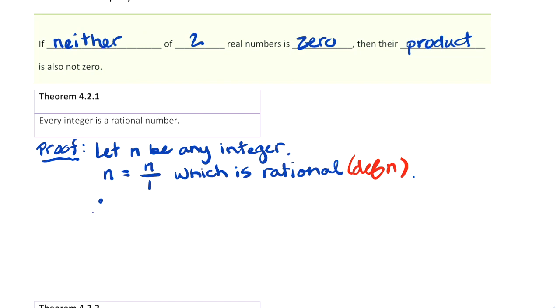So, therefore, every integer is rational. And we're all done. Cool so far? All right.